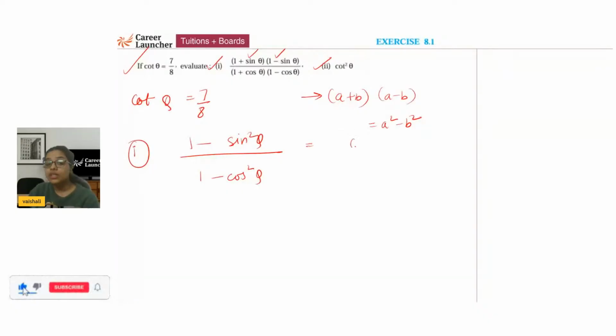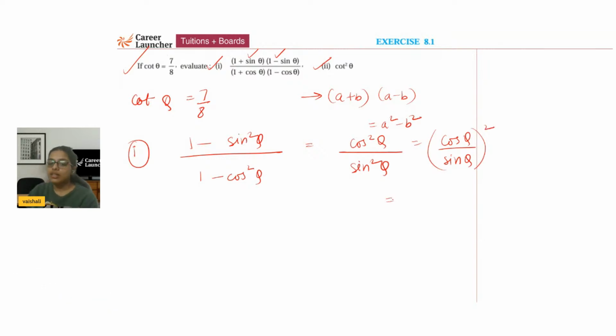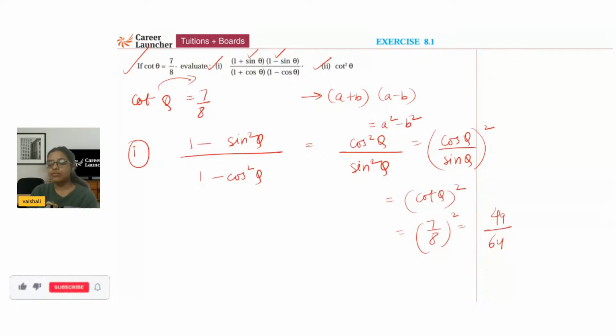So in the numerator, we can apply the identity: cos square theta divided by sine square theta, which is cos theta divided by sin theta whole square. So what is this? Cot theta whole square. And you are aware of the value of cot theta, which is 7 by 8 whole square, which is equal to 49 by 64. And we are done with the first part. So the answer to the first part is 49 by 64.